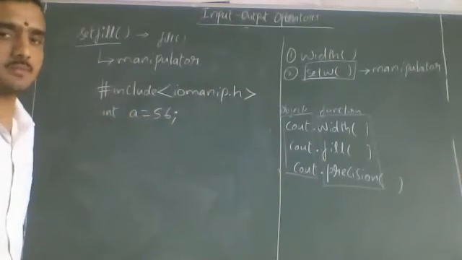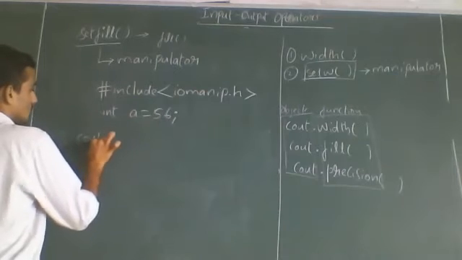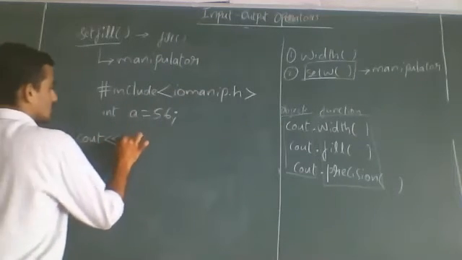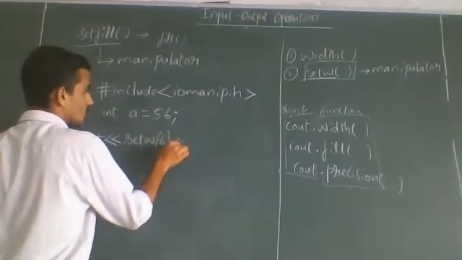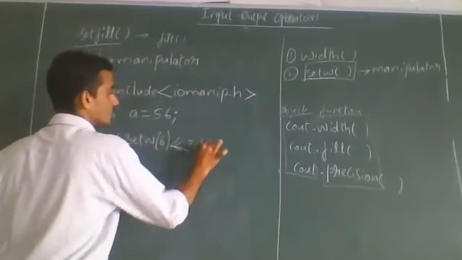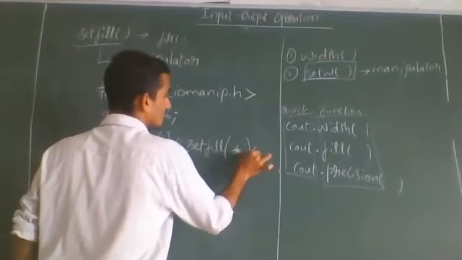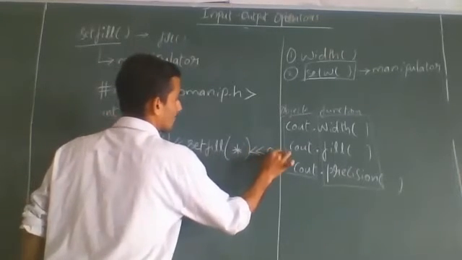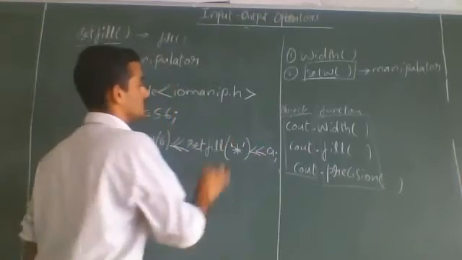You just observe it here. See, cout. First you write setw of 6, then again the insertion operator, setfill of star, again the insertion operator, a. So in this way also we can write it.